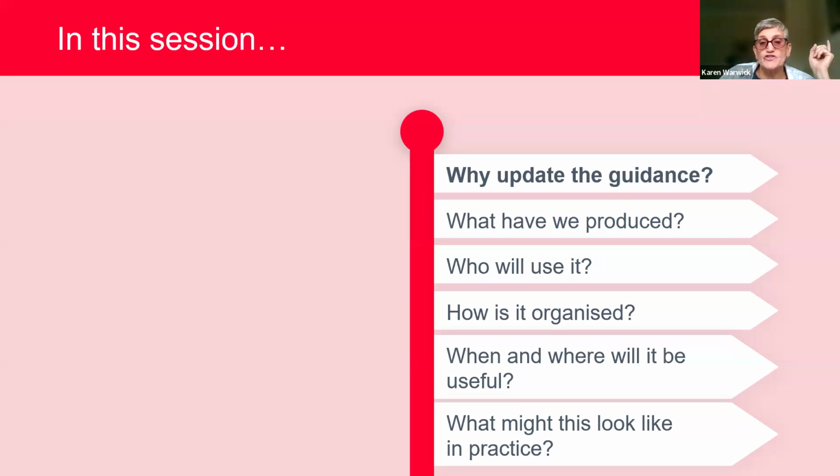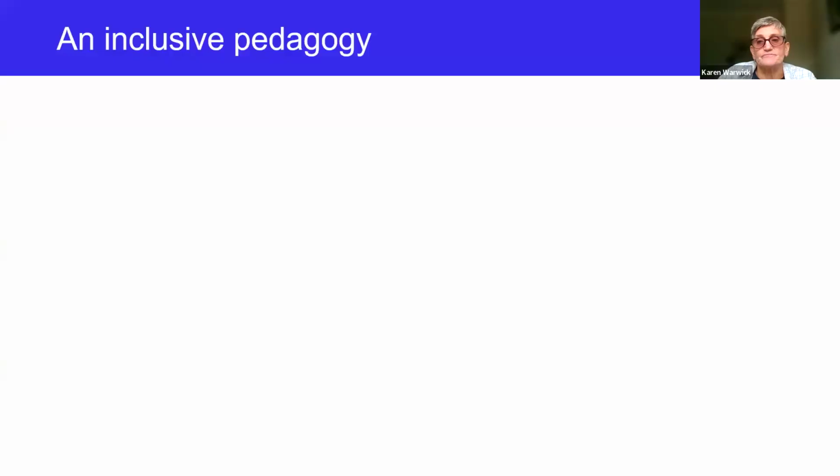So let's get started and first look at why it was decided we needed to update the early years guidance. The overall aim of the updated guidance is to help you, early years practitioners, make provision not only socially inclusive, but linguistically inclusive, to address the unique environments, developmental characteristics and needs of young multilingual learners in early years settings.